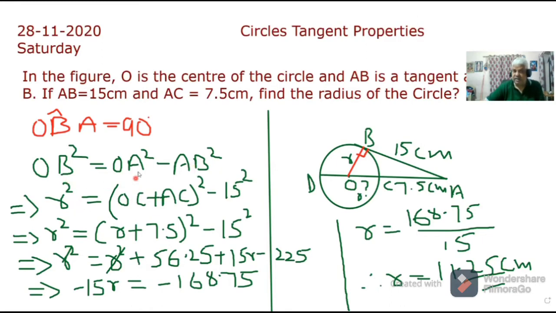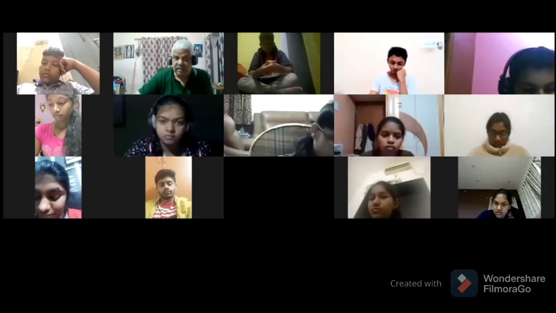R square equals OA, which I wrote as OC plus AC whole square minus 15 square substituted. OC value I substituted, R plus 7.5 whole square. Next I went for A plus B whole square and substituted the values. At last I got 11.25 centimeter as the radius of the circle. Okay, children.